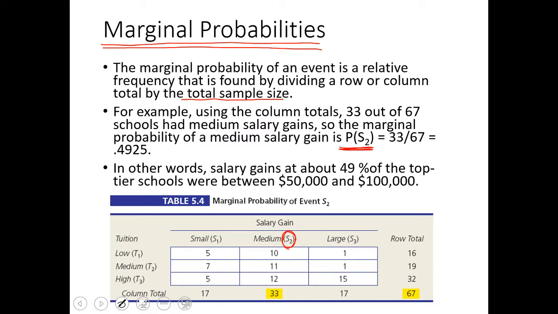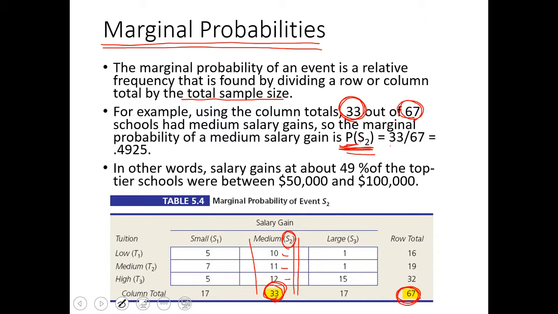We have 33 samples which have the medium salary, so 10, 11, 12, 33 cases are included in the medium salary, and the total number of samples is 67.